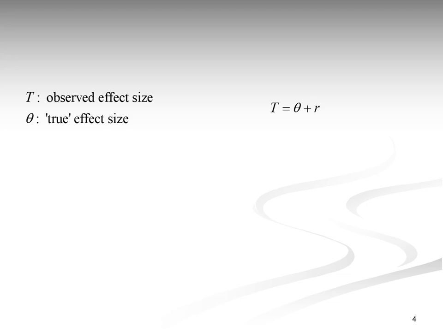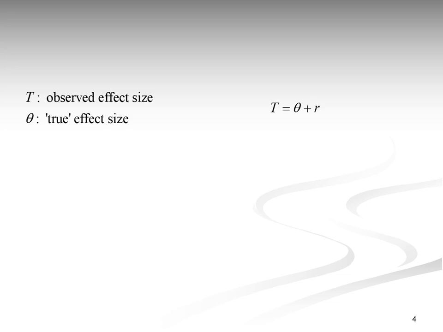And very often in a meta-analysis we use an effect size from which we know that the sampling distribution is a normal distribution. In other words, in this model, R is assumed to follow a normal distribution with mean equal to 0 and with a specific variance. Moreover, for commonly used effect size measures, the sampling variance, so the variance of R, is known.